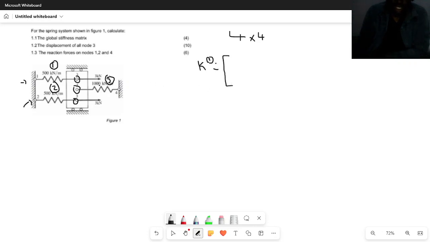K1 is between 1 and 3, so you can write 1 and 3. The spring values are 500, minus 500, minus 500, and then 500. So we are done with that one.